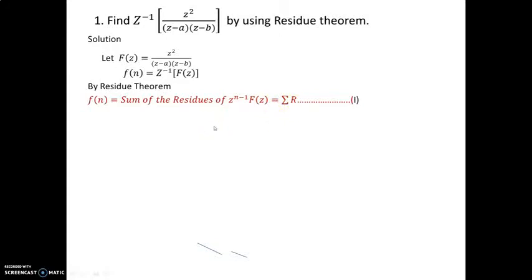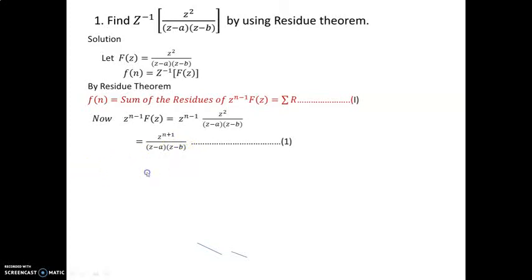Following the working procedure, consider F of z, then multiply by z power n minus 1. We get z power n minus 1 F of z equal to z power n minus 1 times the function F of z, which is z squared by z minus a, z minus b. Simplifying, we combine these two terms to get z power n minus 1 plus 2, so we get z power n plus 1 divided by z minus a into z minus b.